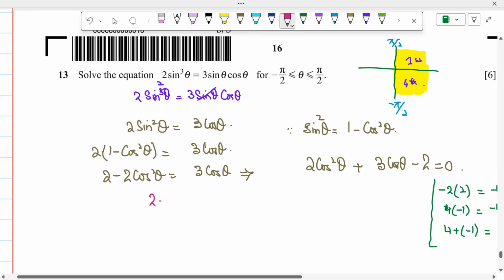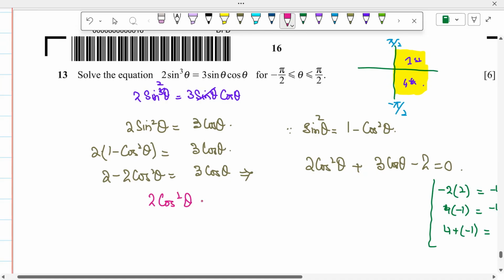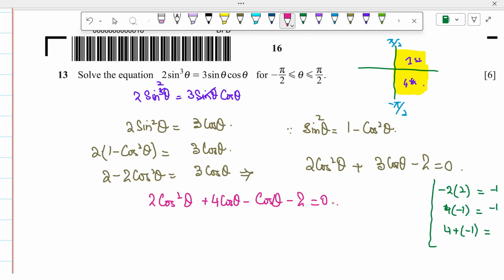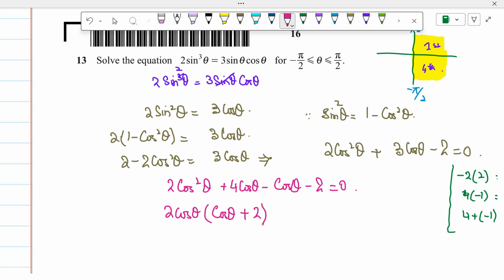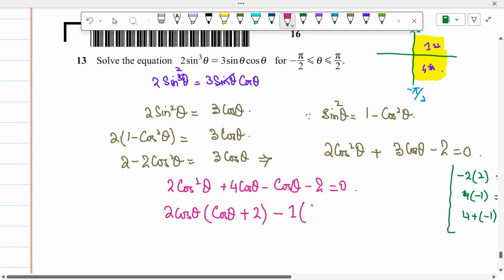So this is equal to 2 cos square of theta plus 4 cos of theta minus cos of theta minus 2 equal to 0. Taking 2 cos of theta common, this is equal to cos of theta plus 2, and taking minus 1 common, this is equal to cos of theta plus 2, and this is equal to 0.